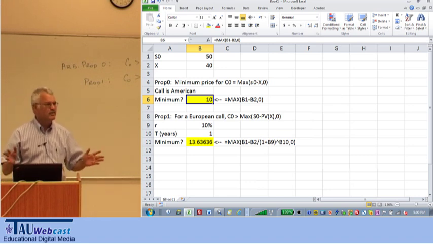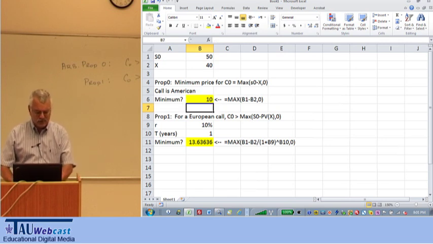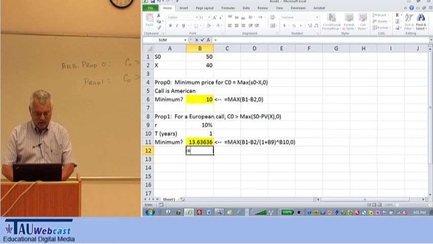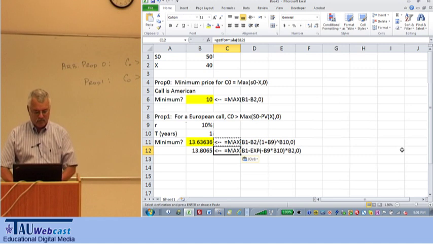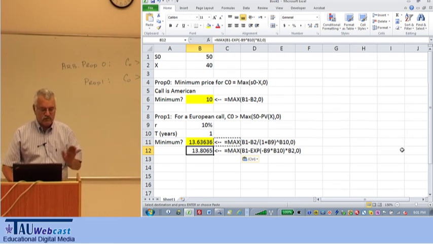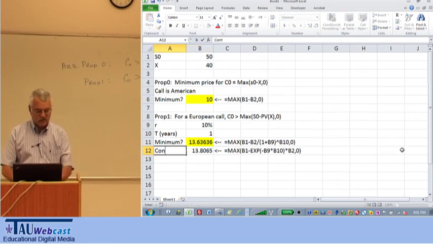I'll just show you that if you do this in continuous time, you say S0 minus exp of minus the interest rate times the time to maturity times the exercise price, that's a different price. So that's continuous interest.